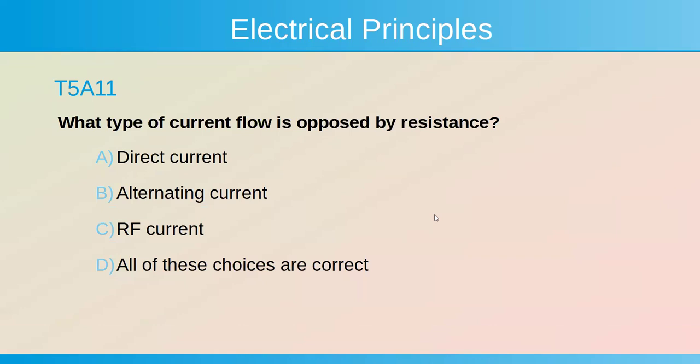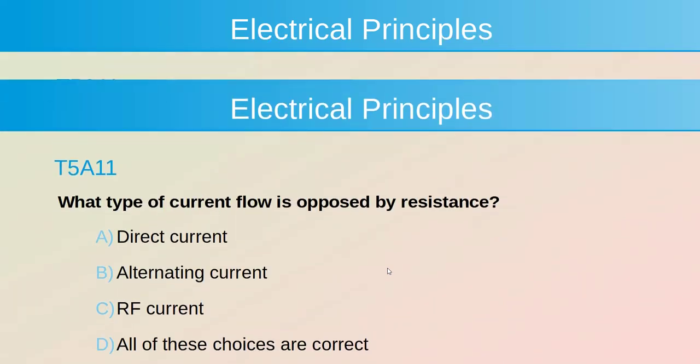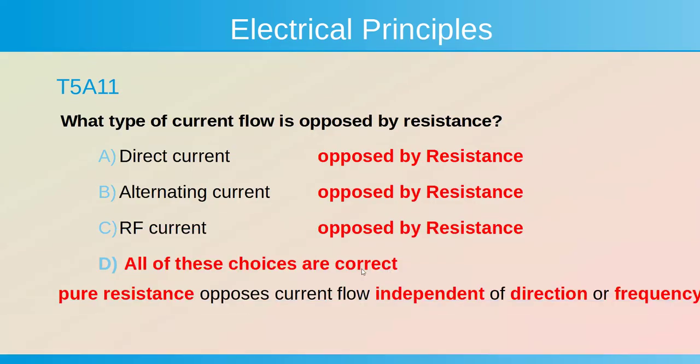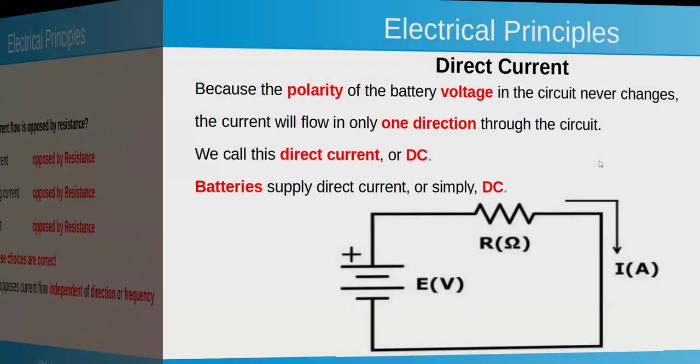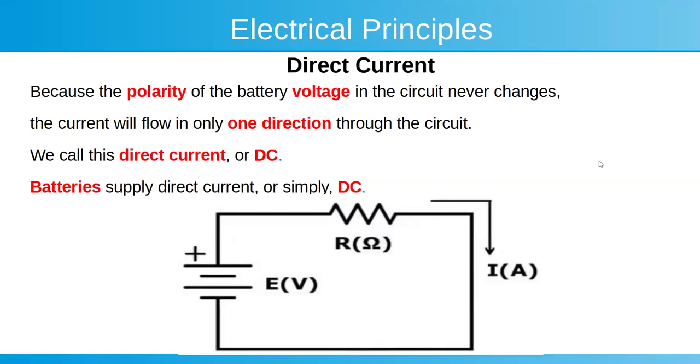So what type of current flow is opposed by resistance? Delta. It's one of those where all these choices are correct, which happens occasionally. We call it direct current because the polarity or the current always goes in one direction, positive to negative.